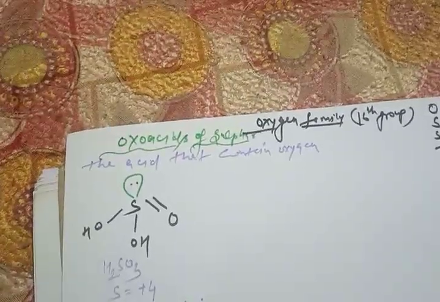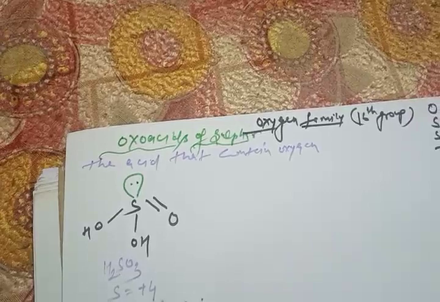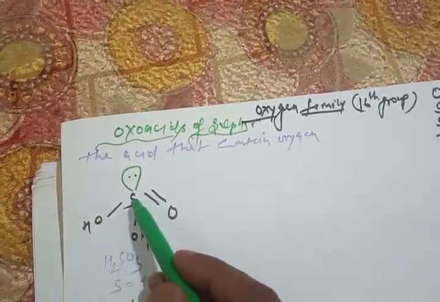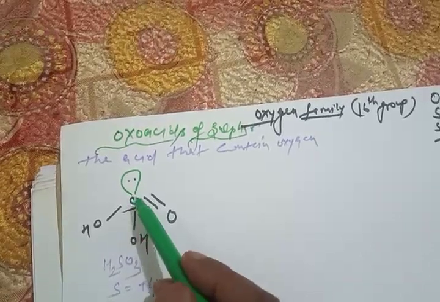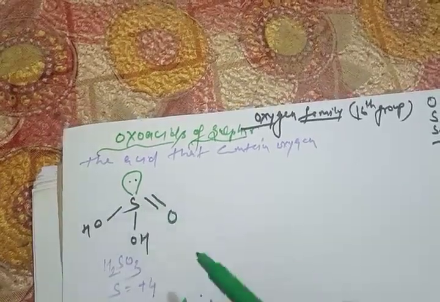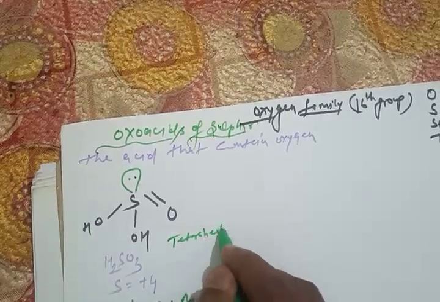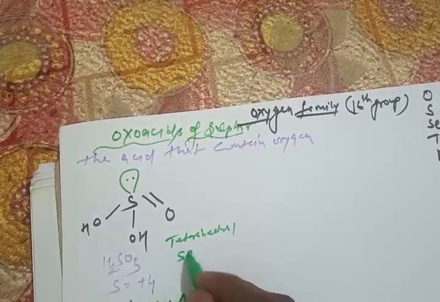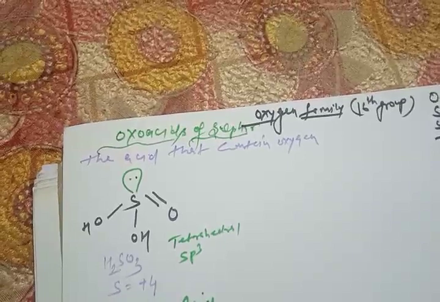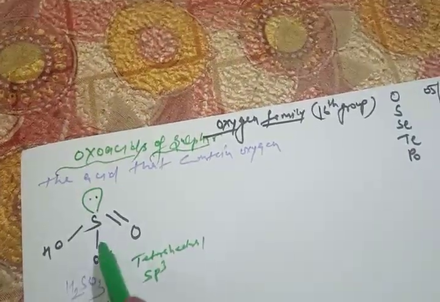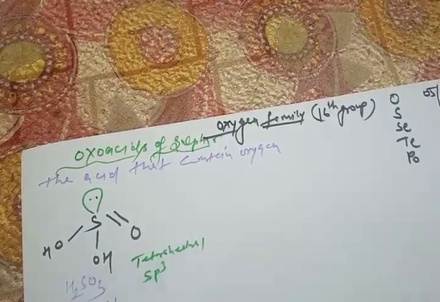Some other information we can gather from here is that this sulfur is tetrahedral in geometry, 1 2 3 and 4, and sp3 hybridized. In almost every oxoacid of sulfur, the sulfur is in tetrahedral geometry.